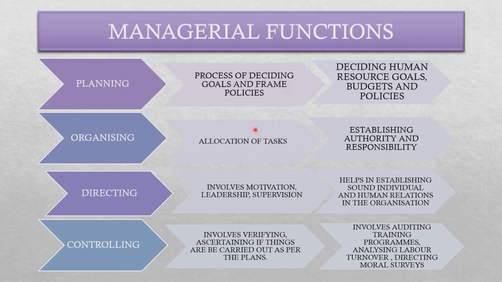The individual contribution has to be decided, then the mode of transport, whether you'll go by train or take a bus. So when you decide that you have to go for a picnic, it requires a lot of planning.